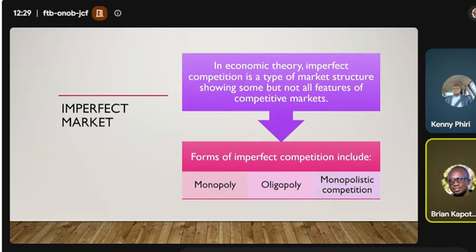There are quite a number of them. They have a similar product, which is mealie meal, but they're different brands. And so you look at a brand like Choma Milling, National Milling, and a few others that have come up recently. And the barriers to entry are not restrictive; they're quite free, so firms can go in and come out.